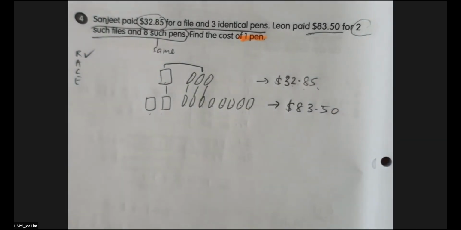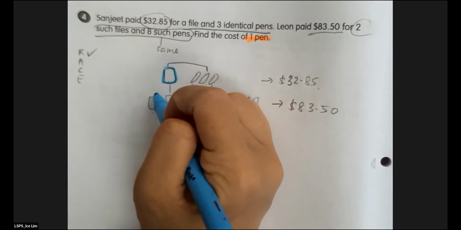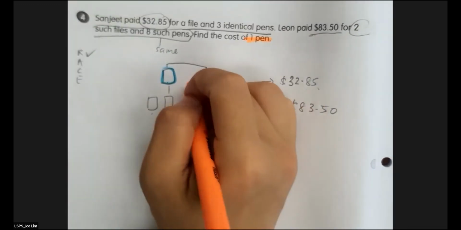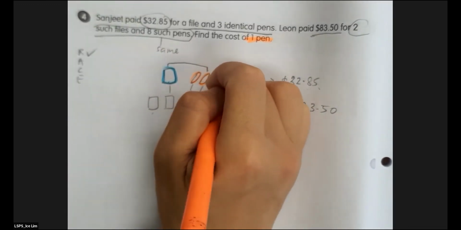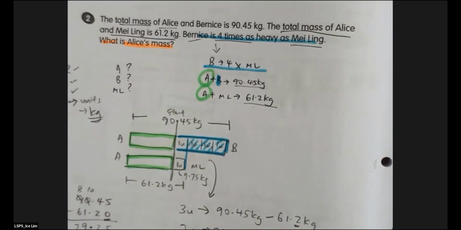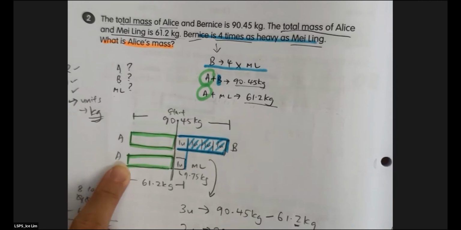Now, can you imagine if I were to take, so this is a file, and then the pens are here. To eliminate the repeated identity just now, I used subtraction because only Alice repeated once.